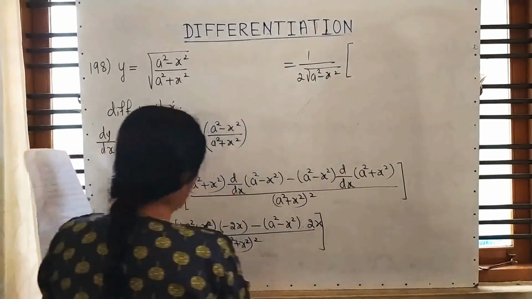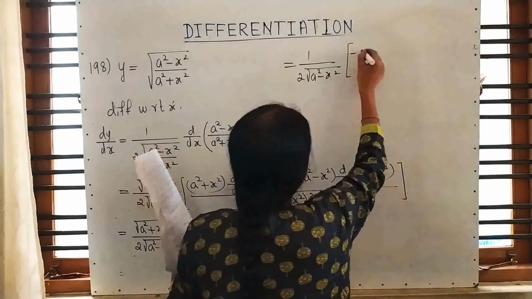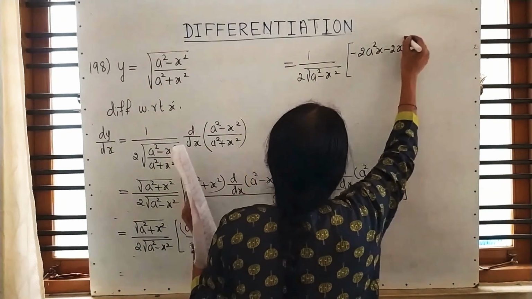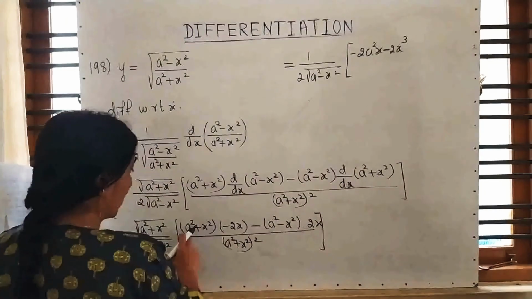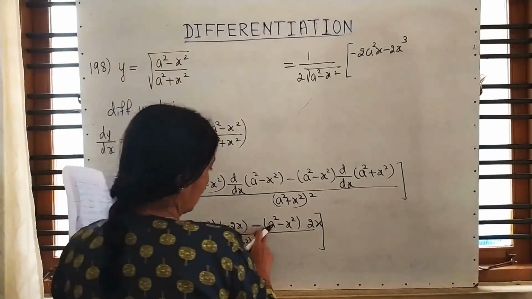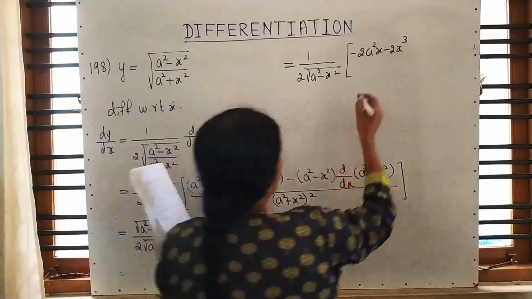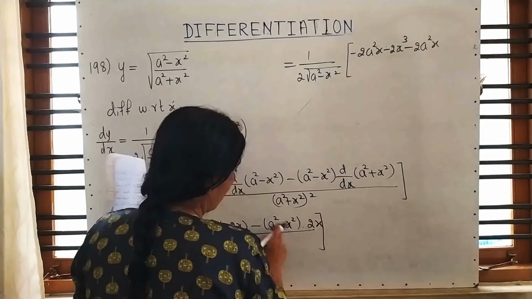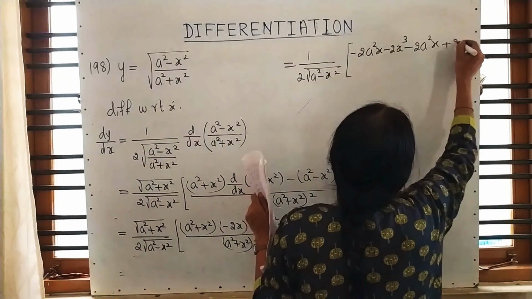And here, just I remove the bracket. Minus 2a square x minus 2x cube, and this minus and 2x both I took at the same time. This minus and this minus becomes plus.